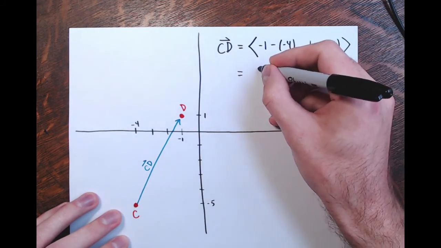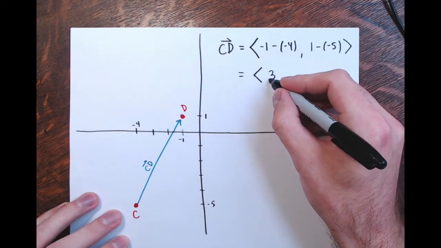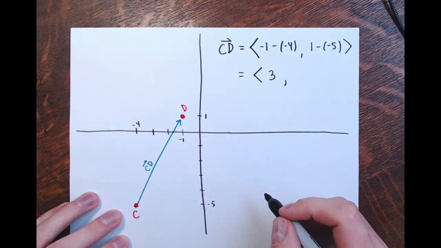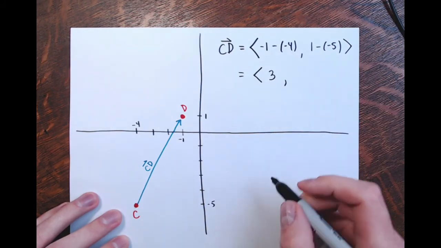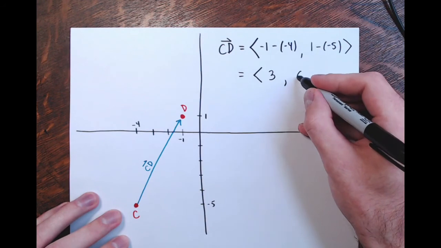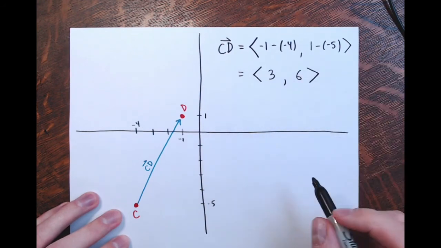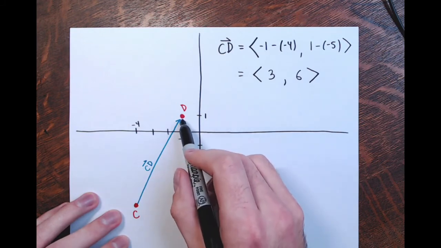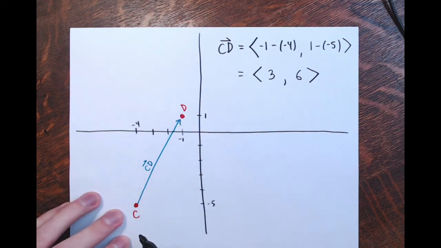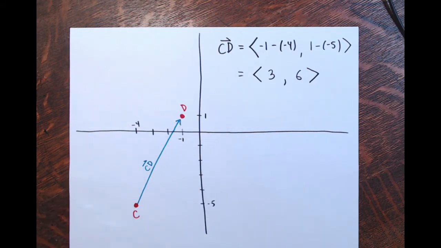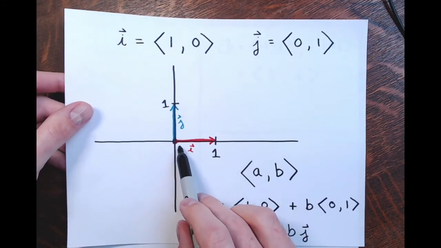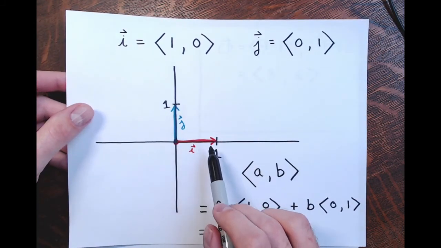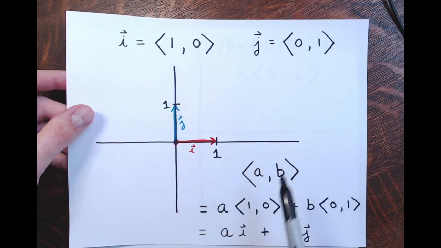So the first component would be +3, meaning right 3 units. And the second component would be +6, meaning up 6. So if I went from C to D, that's going right 3 and up 6. But if you recall, moving to the right is moving some amount of i. If I move right 3, that's 3 of these i's.